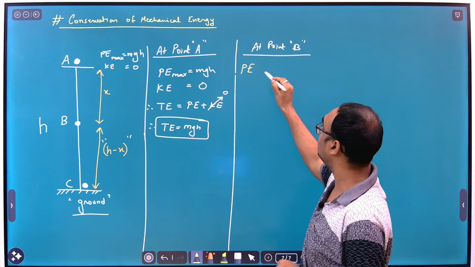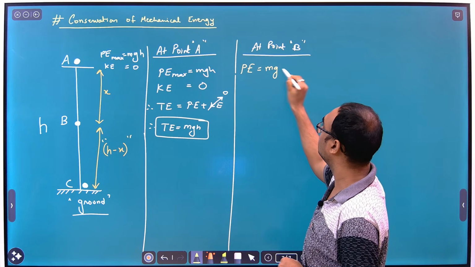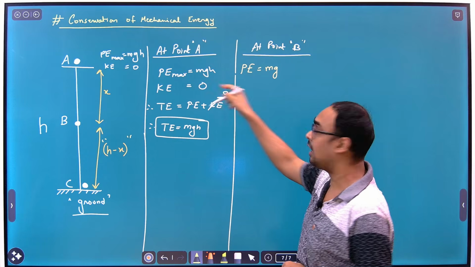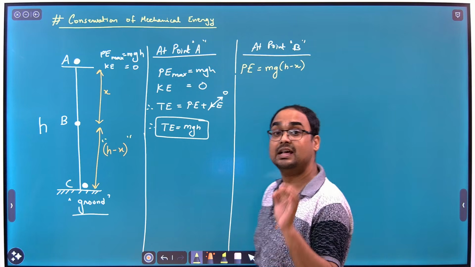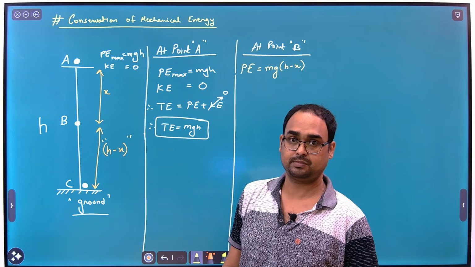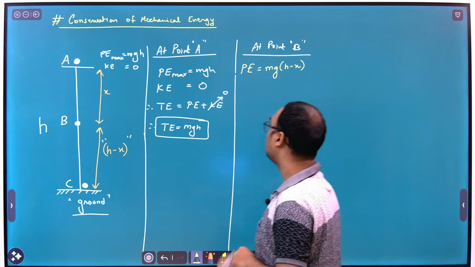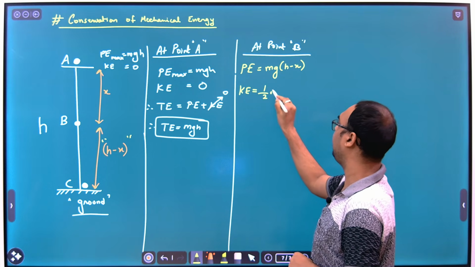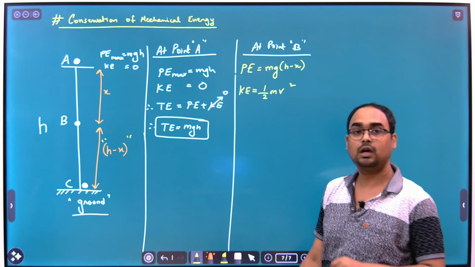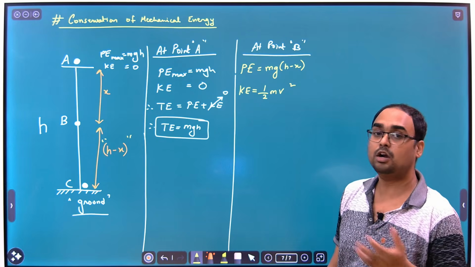So potential energy has the formula mg, and in place of h, I will take h minus x, because that is the distance left to be traveled. And what is kinetic energy? Kinetic energy is half mv square. But a new unknown v term is coming over here.